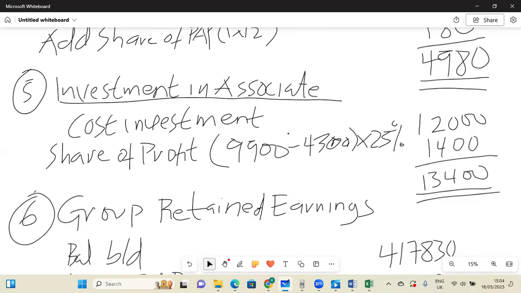You have to take both of them out, right? But since there's nothing like a sale to the associates, or the associates selling to the parent, we are not going to do any adjustment here. Further on, we will solve another question where I think we will be getting all those things in there. I think everything will be fine.